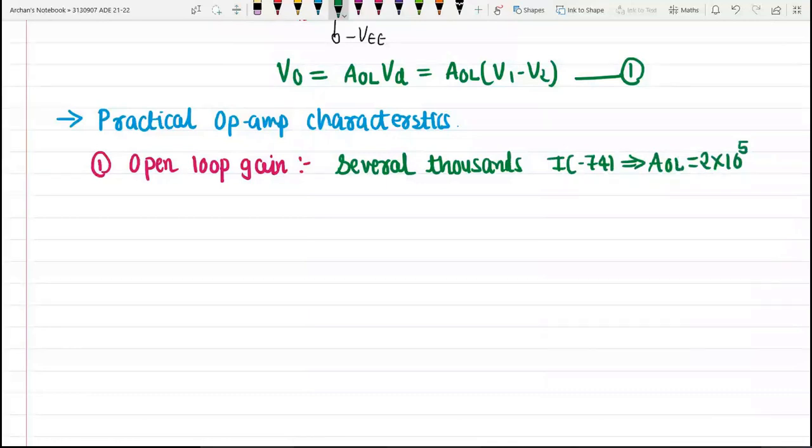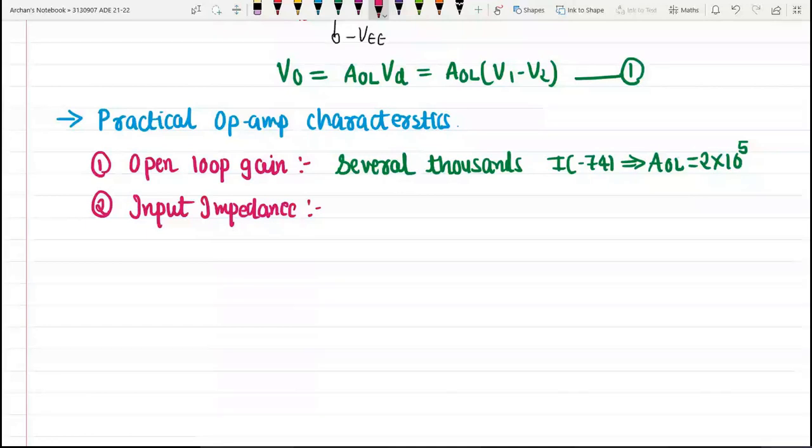Then let us talk about the input impedance. Comparing with the ideal case, where we have infinite input impedance, practically it is finite, and the typical value of this input impedance is greater than or equal to 1 mega ohm.